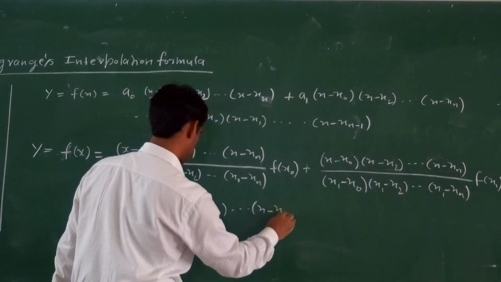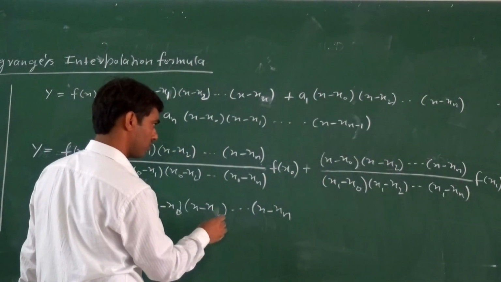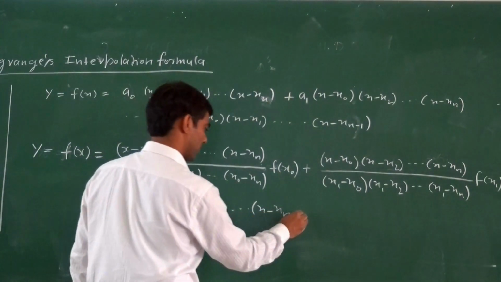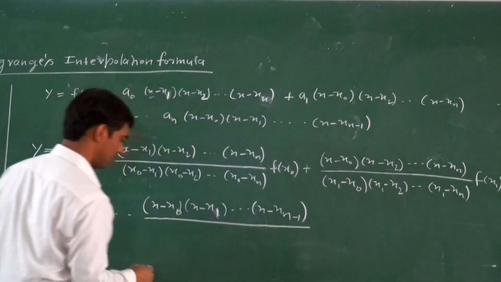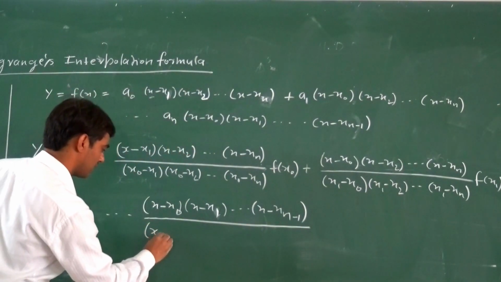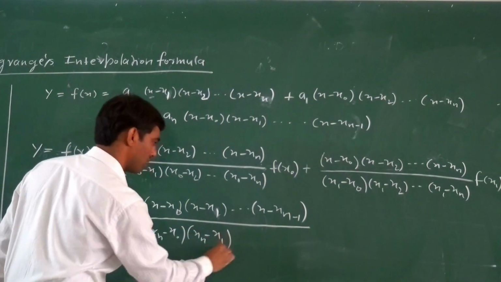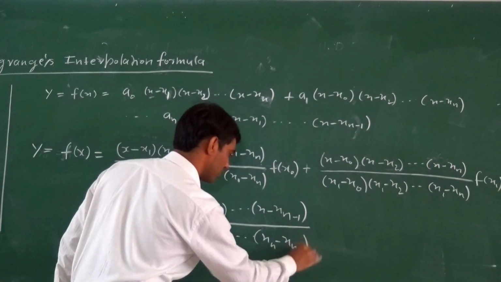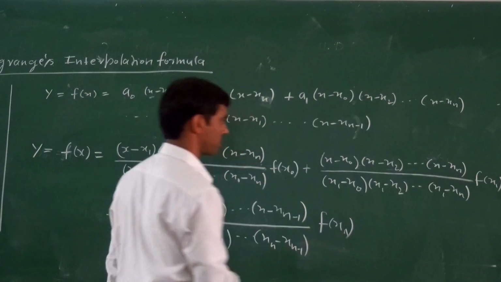The nth term is (x − x0)(x − x1) up to (x − x(n−1)) in the numerator, with indices running from 0, 1, 2 up to n minus 1, divided by (xn − x0)(xn − x1) up to (xn − x(n−1)) in the denominator, times f of xn.